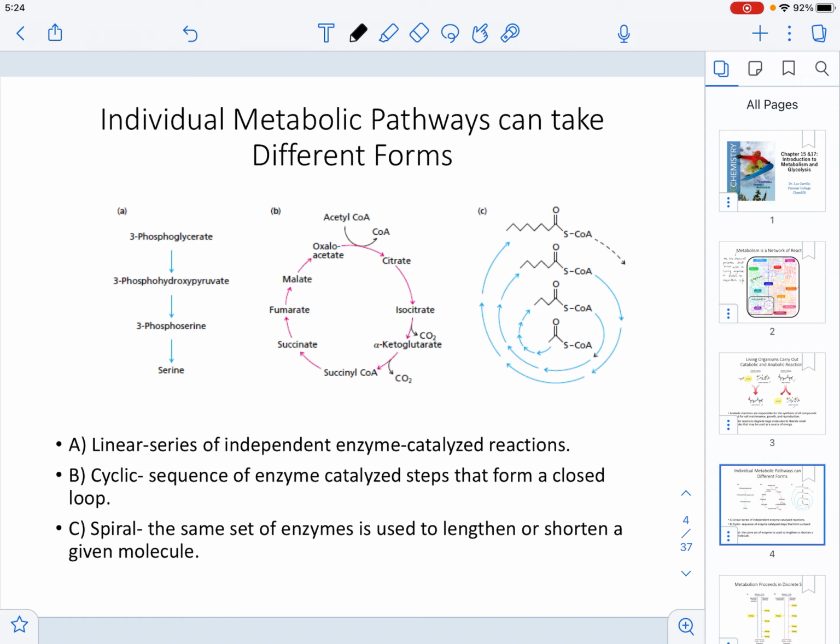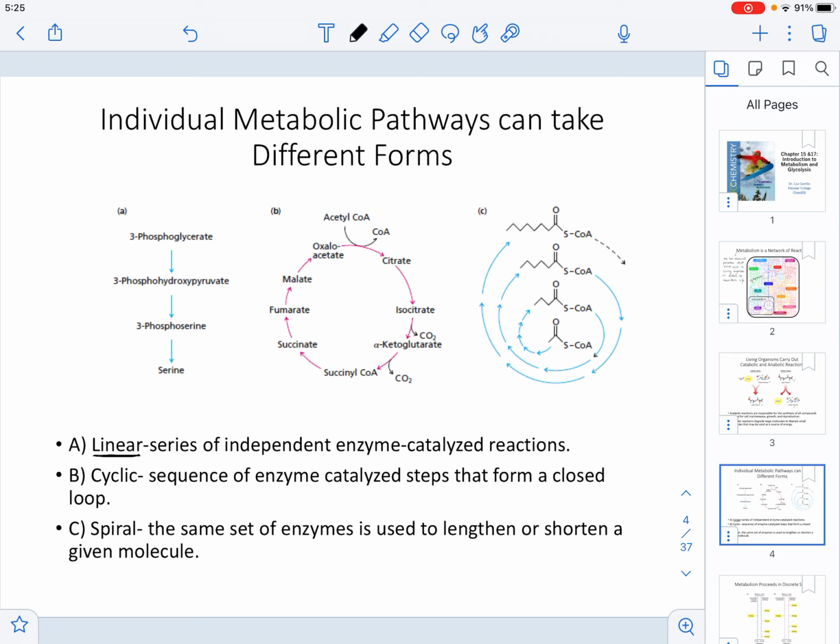When it comes to metabolic pathways, understand that there are going to be different forms of them. We can have metabolic pathways that are linear. A linear metabolic pathway is a series of independent enzyme-catalyzed reactions, which is more similar to organic chemistry reactions.